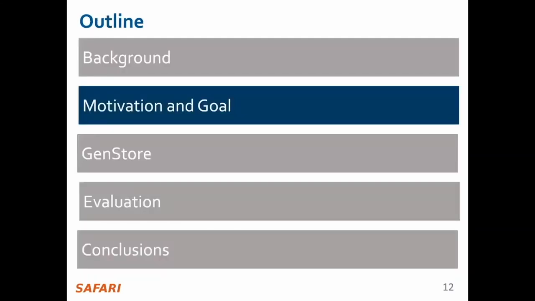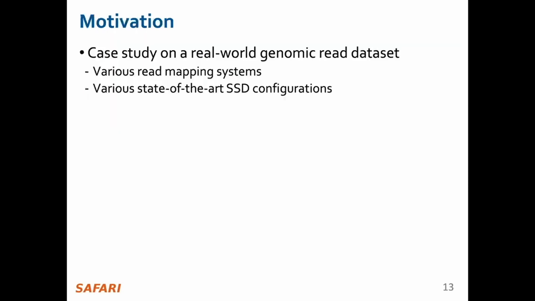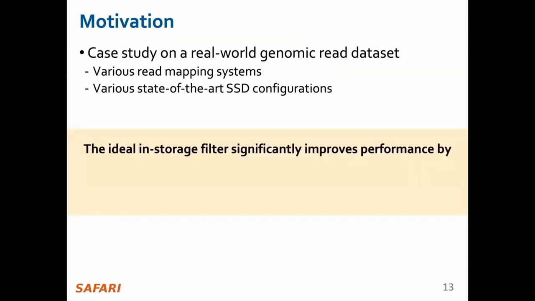So we perform experimental studies to understand the potential of an ideal in-storage filter for improving read mapping performance. To do that, we perform a case study on a real-world genomic data set on various read mapping systems and the state-of-the-art SSD configurations.